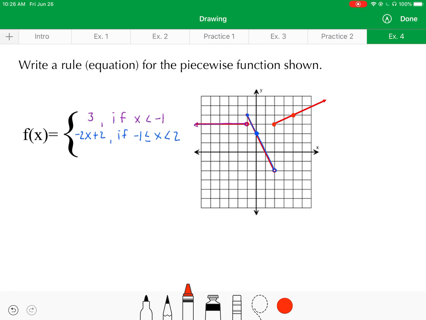Okay, so that equation would be y = 1/2 x + 2, and that would only be for x values greater than or equal to 2. All right, and that's it for this video.